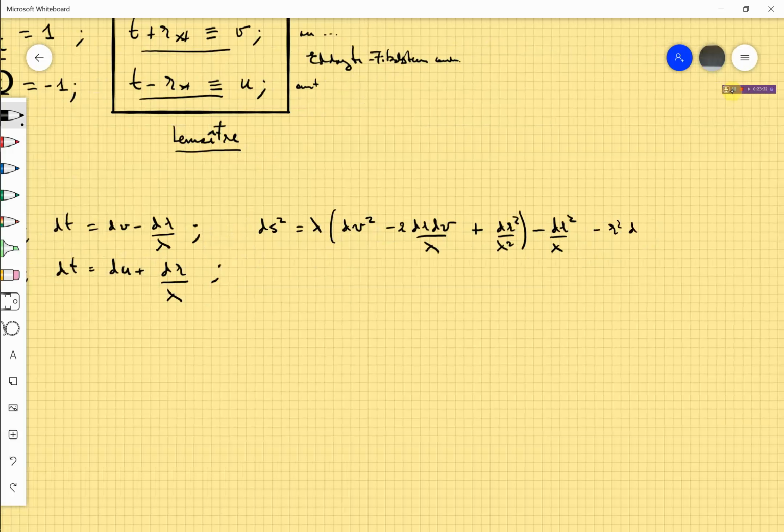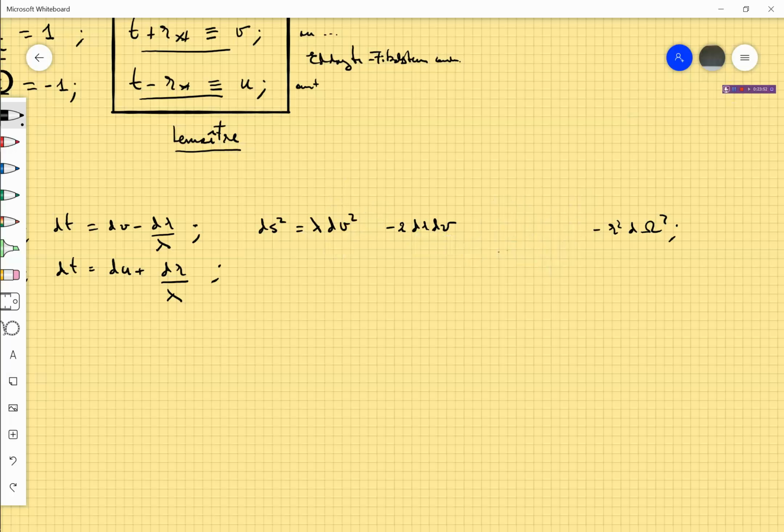minus the angular part. Okay, and you see that these two terms cancel, and that you have a metric which has the form lambda dv squared minus 2 dr dv. This goes away, and then the angular part.